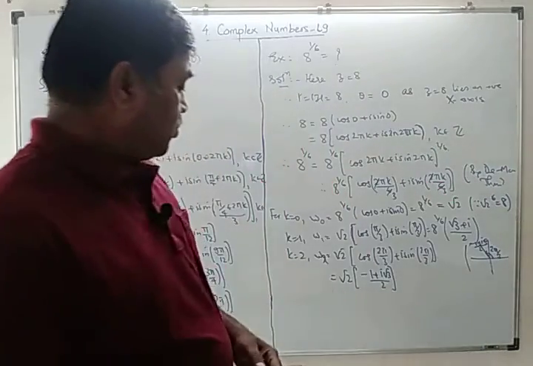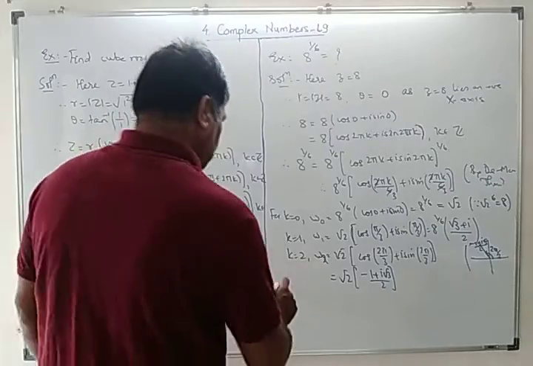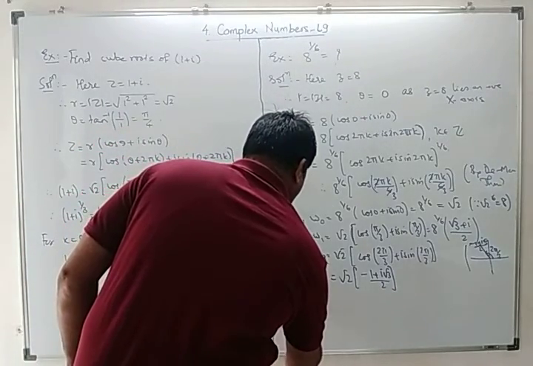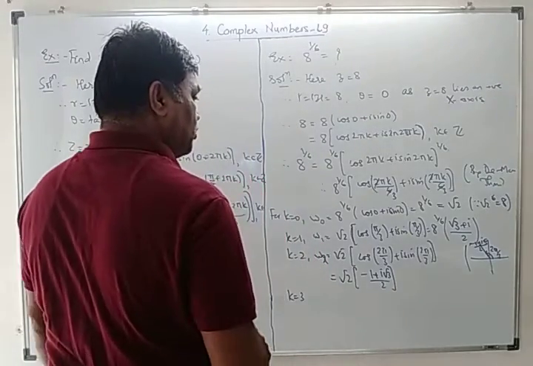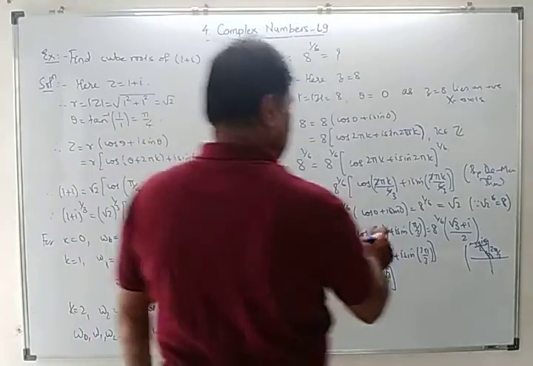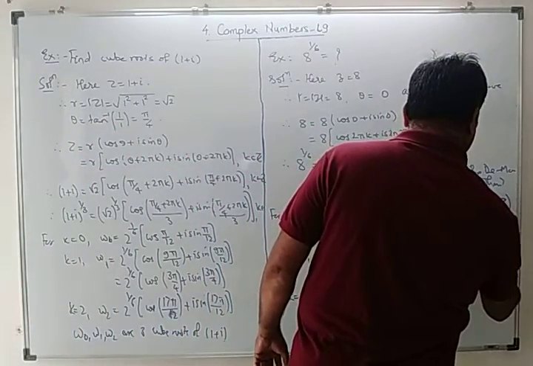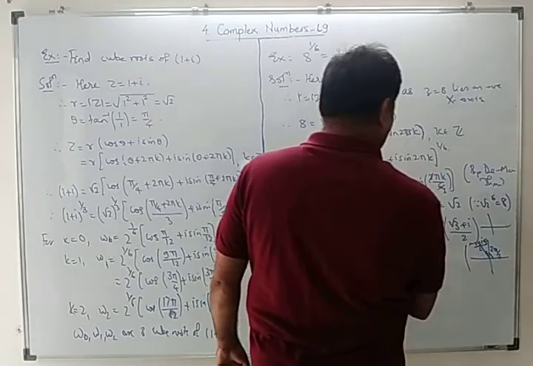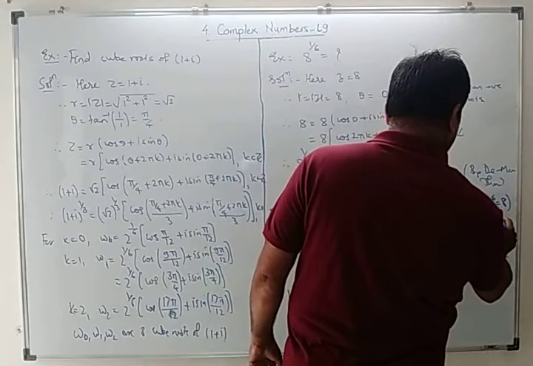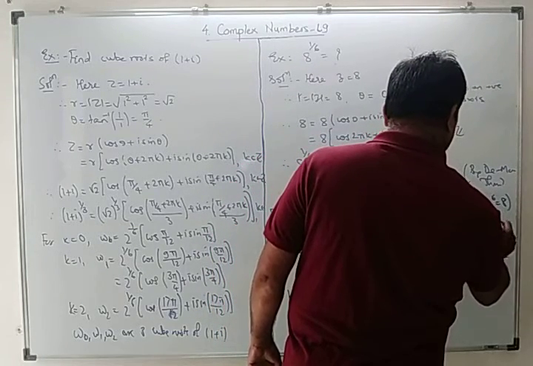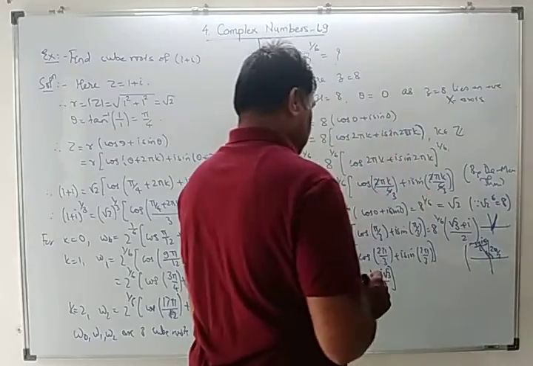For k equal to 3, what is this? This is nothing but pi by 3, means 60 degrees.